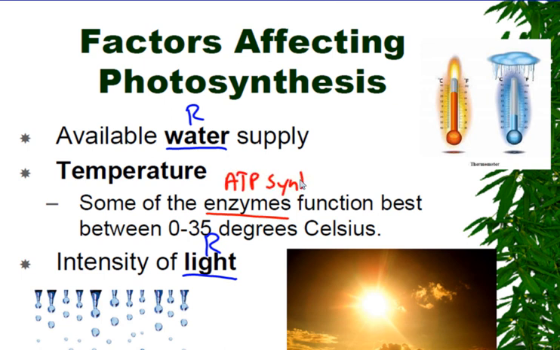If you recall from previous units, enzymes will denature if it is too hot or too cold, and they won't do their job properly. There comes a point of no return where they won't do their job at all. So temperature, big factor with photosynthesis. So water, temperature, light. And we need our ATP synthase to make ATP, which is one of the results of step 1.